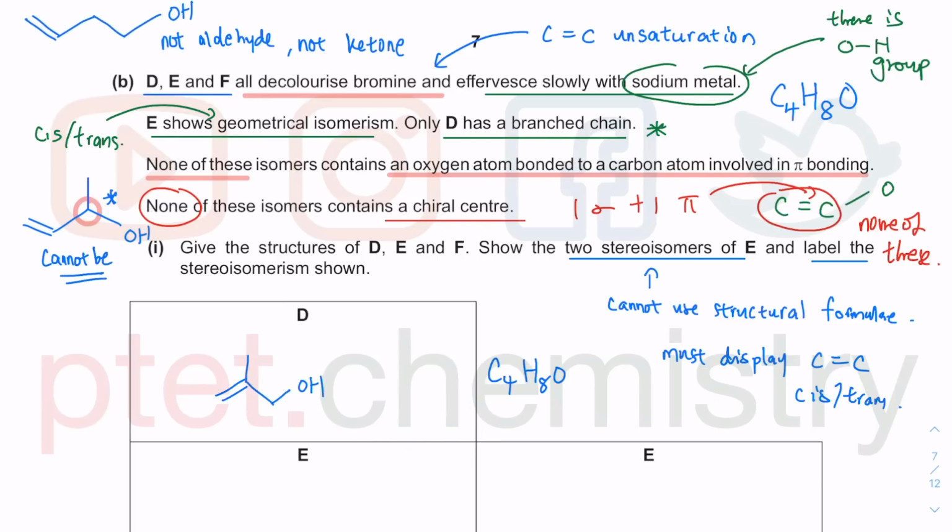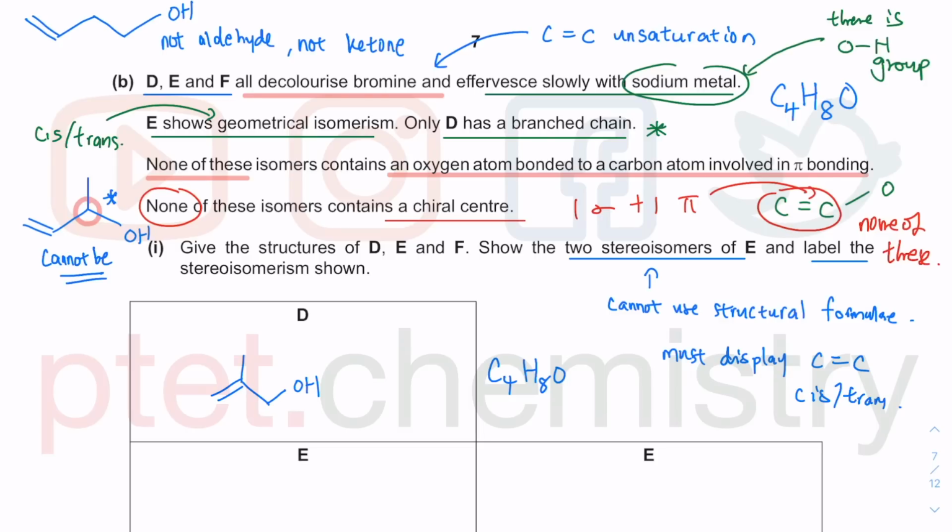I cannot have cis and trans, so this is a CH2. Both groups are the same on 1 carbon of the carbon-carbon double bond, so no geometric isomers for D. It has a branch chain, so this is the branch. There is no oxygen bonded to a carbon atom involved in the pi bond, so it is bonded on the next carbon.